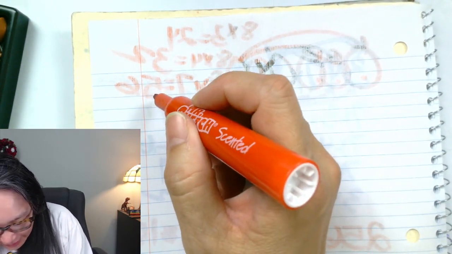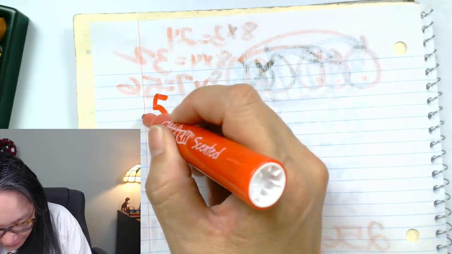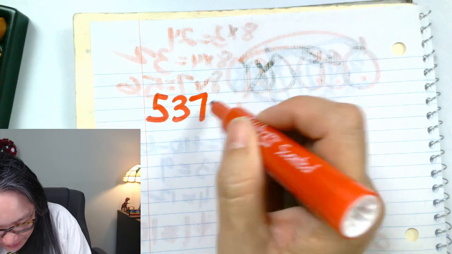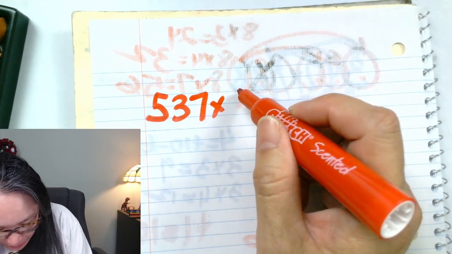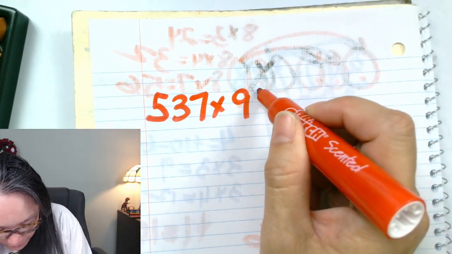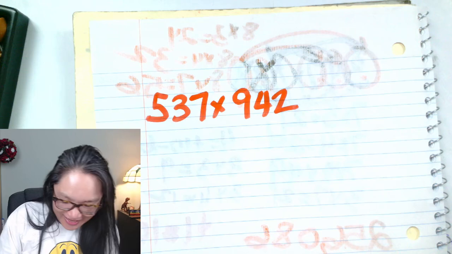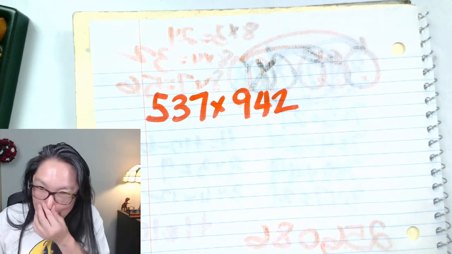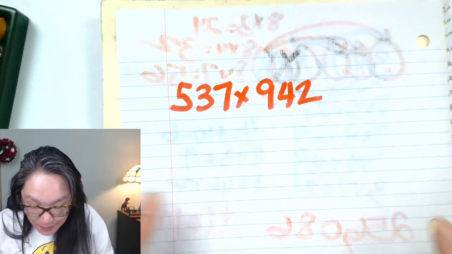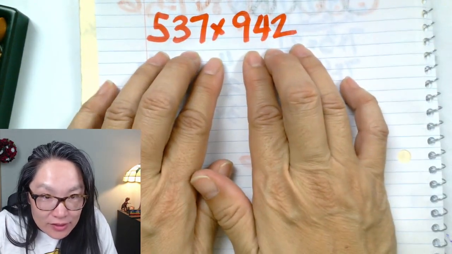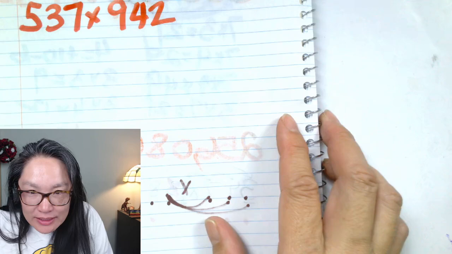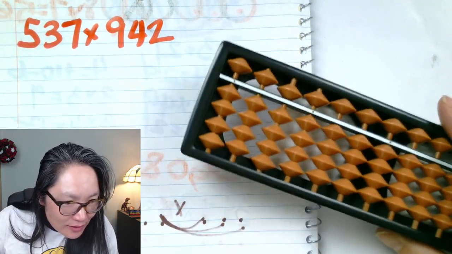So let's do 5, 3, 7 times 9, 4, 2. So 6 places out.